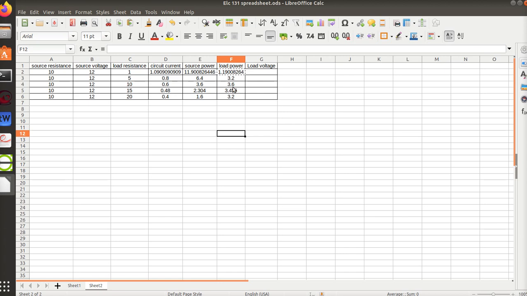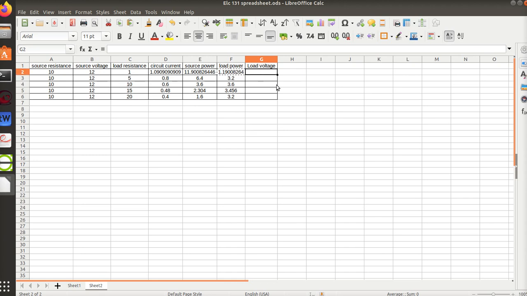And that's called impedance matching, and that's why I do this spreadsheet as part of my class, because it really shows quite nicely something that you wouldn't ordinarily think. Now I want to know what the load voltage is. Well, the load voltage is the circuit current times the load resistance.